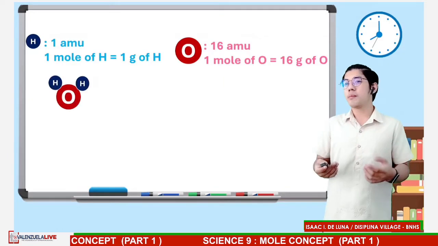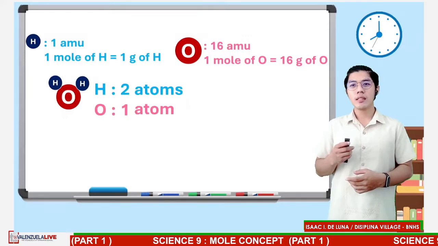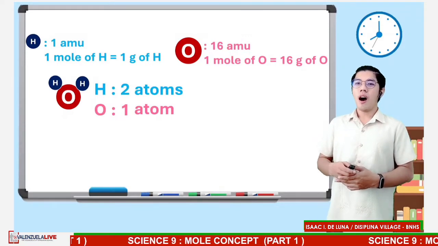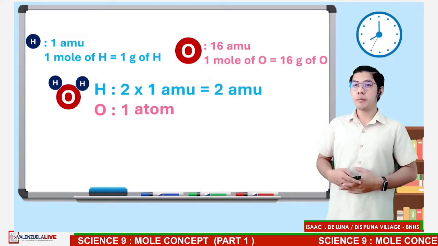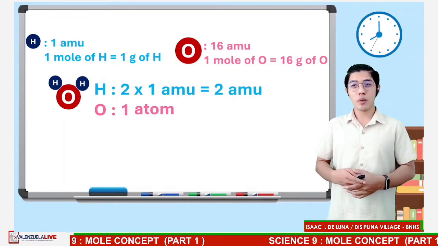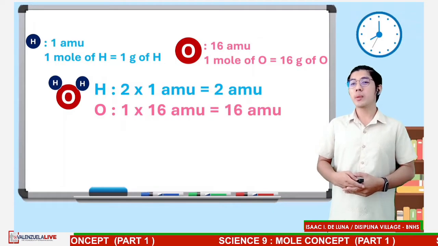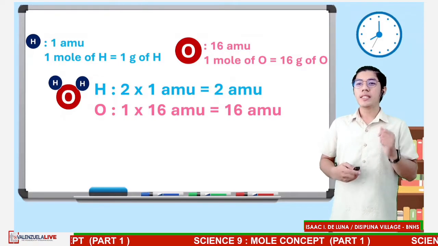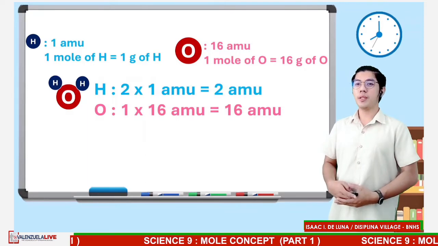A water molecule is composed of 2 hydrogen atoms and 1 oxygen atom. For hydrogen, it will be 2 times 1 AMU, which is equal to 2 AMU. For oxygen, it will be 1 times 16 AMU, which is equal to 16 AMU.